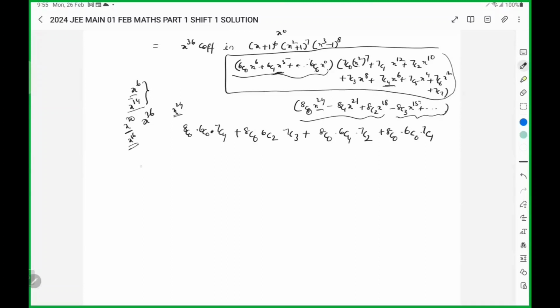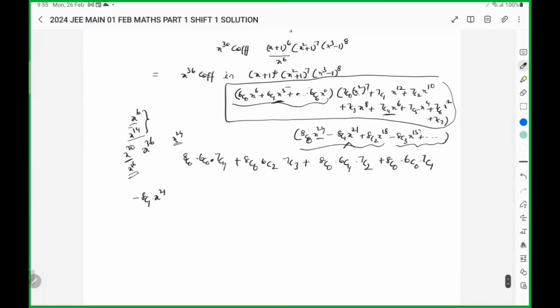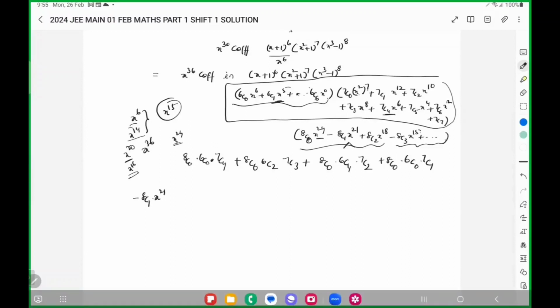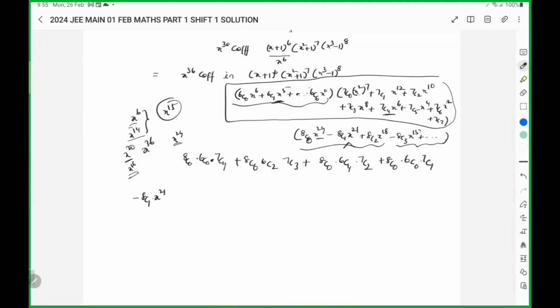So similarly with this term, we require 15 to have 36. So we require x power 15 from the product of the first two expressions. Where 6 is there, 9 we don't get, only even powers in the second bracket. X power 5, that is minus 8C1, 6C1 into x power 10, that is 7C2.